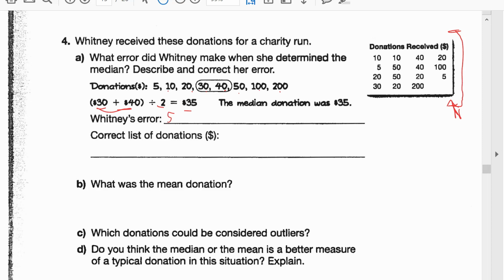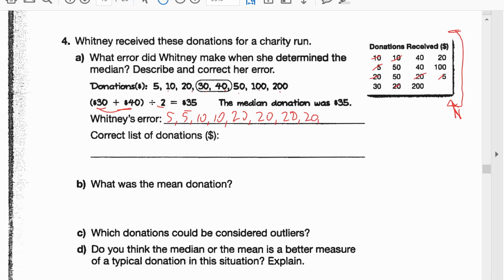There's a 5, then another 5, then 10, and a 10. I'm getting these over here. 5, 5, 10, 10. Then there's 1, 2, 3, 4 20s.